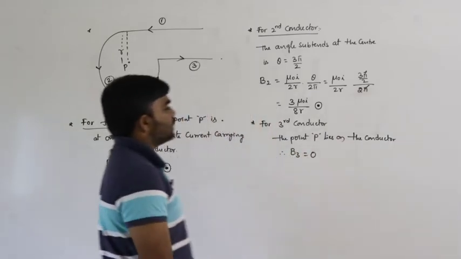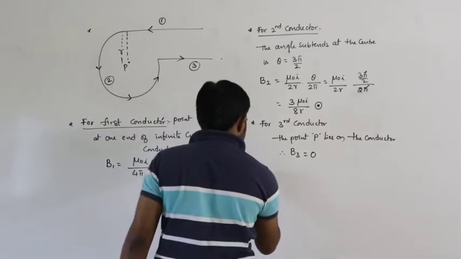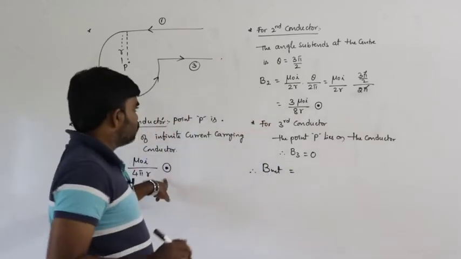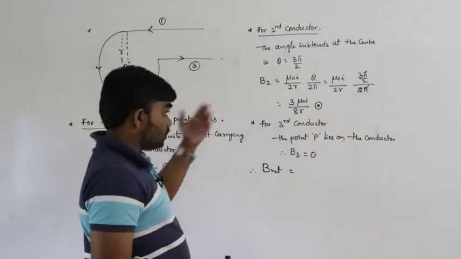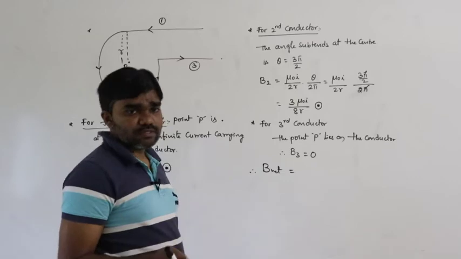If any point lies on the conductor, the magnetic field must be 0. So B1 is outwards and B2 is also outwards, B3 is 0. If the two vectors are in the same direction, we must add those two.